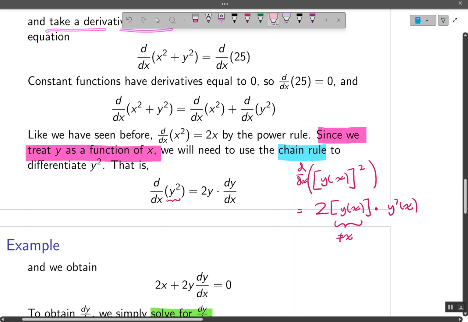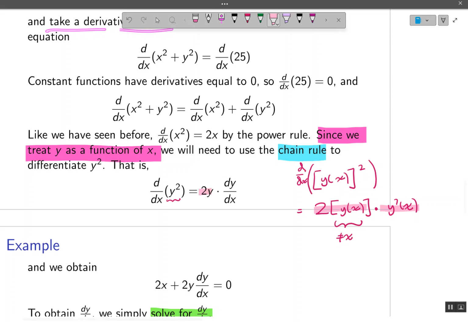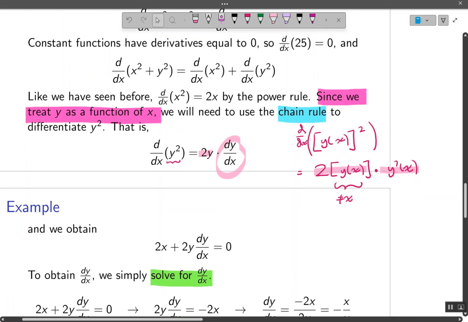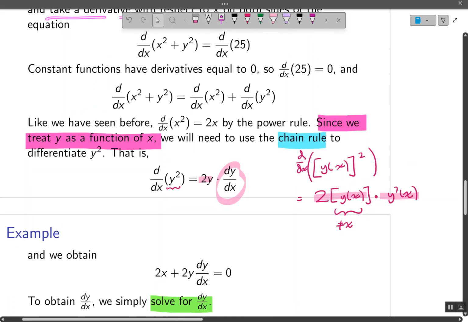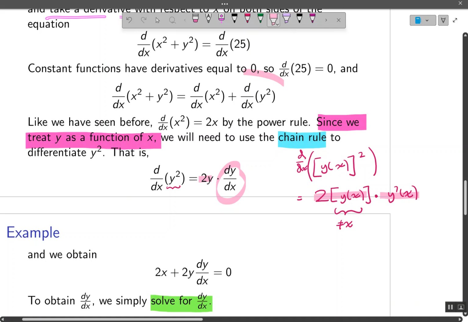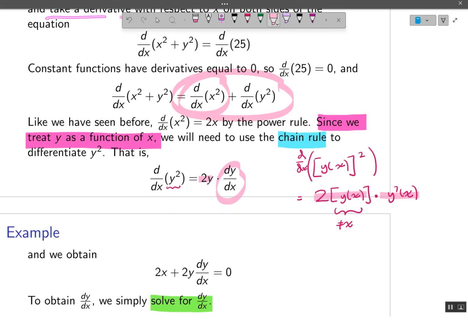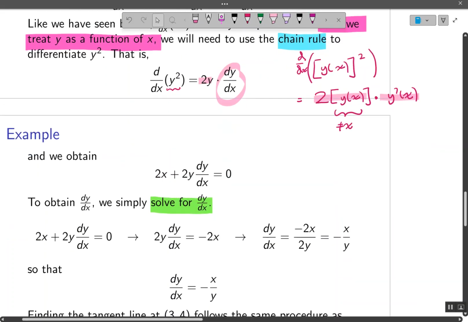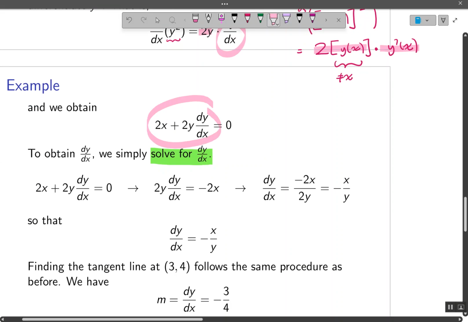So we have 2y times y prime. Another way to write that is 2y times dy dx. So here we're going to get 2x plus 2y times y prime.